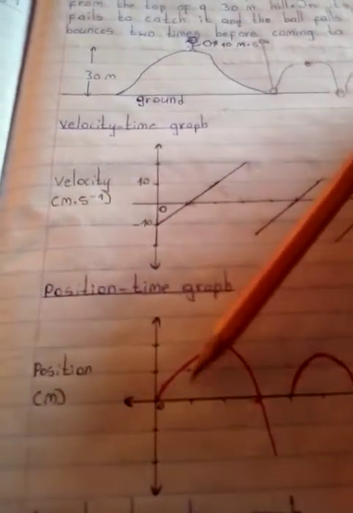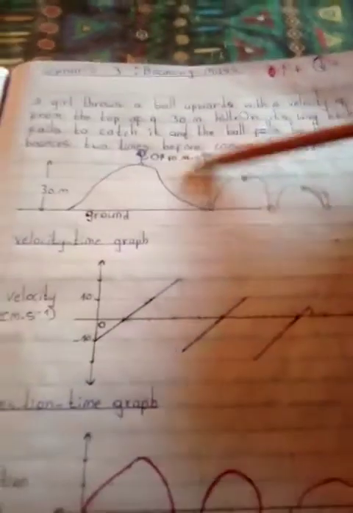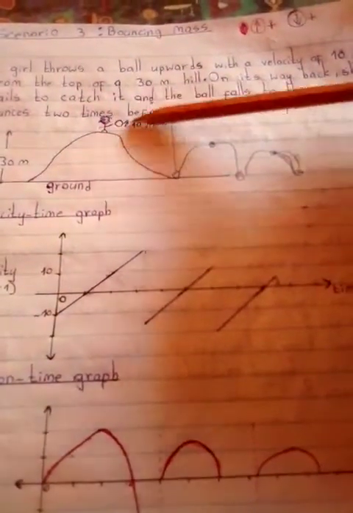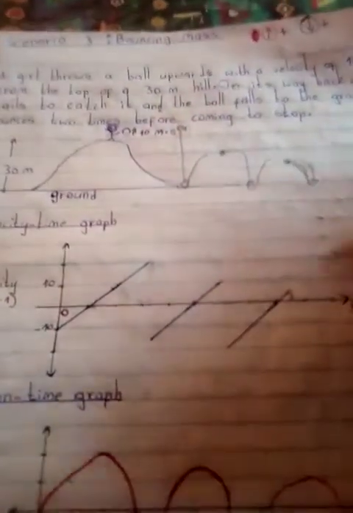Now let's look at the position time graph of the motion. Here I choose upwards as positive so that I can have a negative acceleration, and my graph will resemble, if you can see here, this graph and this motion, they look more or less the same, you see.